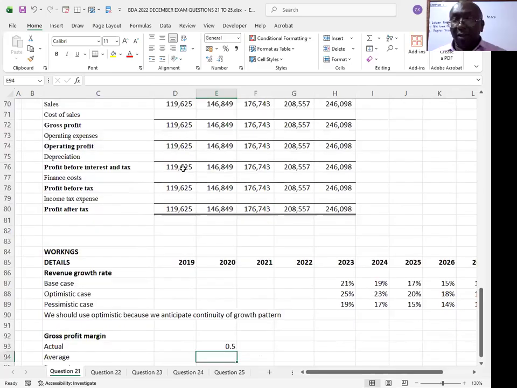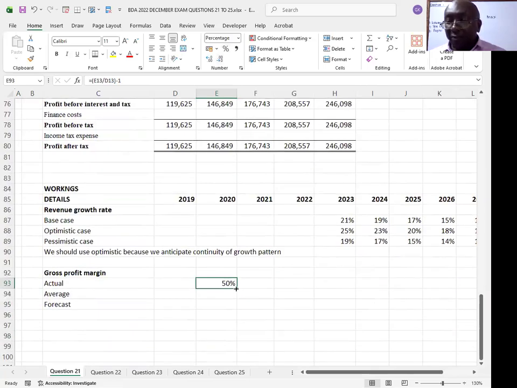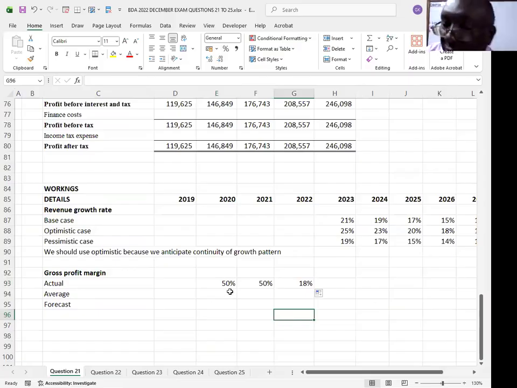Okay, good. 50%, so I convert this to percent. Now, autofill this up to hapa kwa 2022. You autofill mpaka hapo kwa 2022.